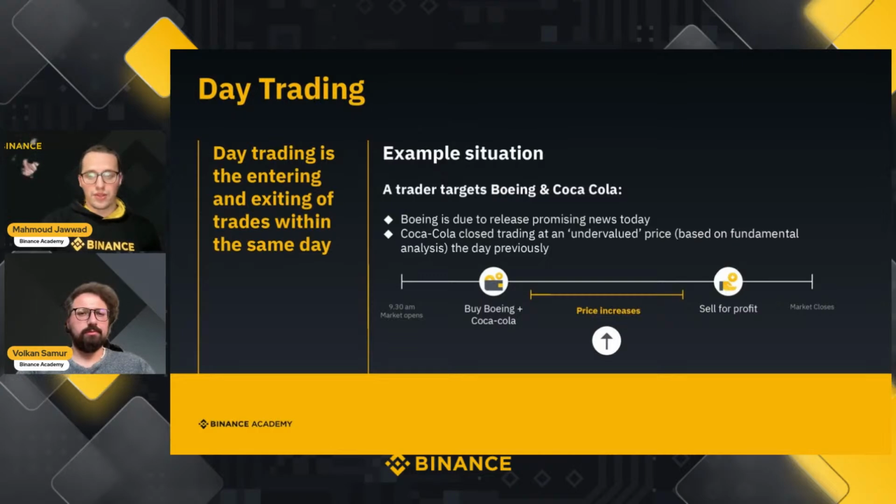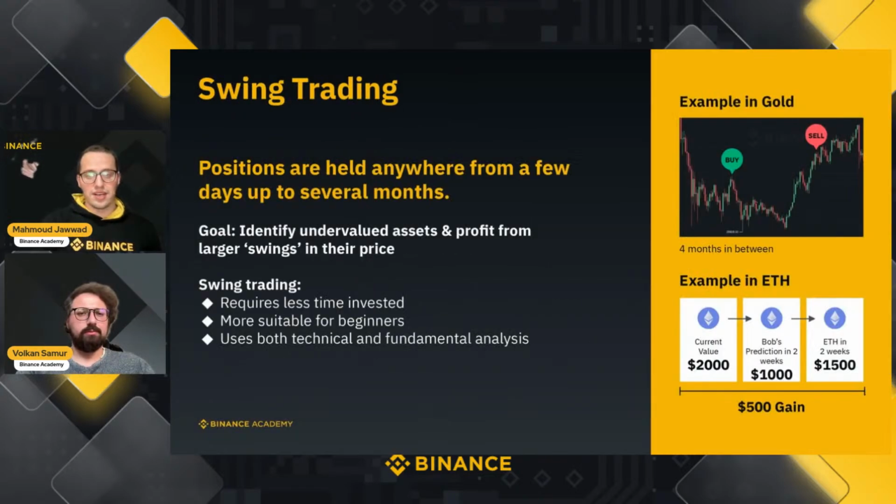Let's move forward with the next one, which is swing trading. It has some similarities with day trading, but it works over a longer time frame. Positions are usually held anywhere from a couple of days to a couple of months. The goal here is to profit from larger swings in price, so larger fluctuations and price movements.